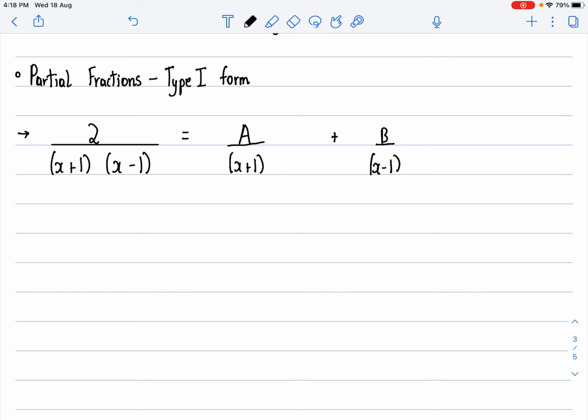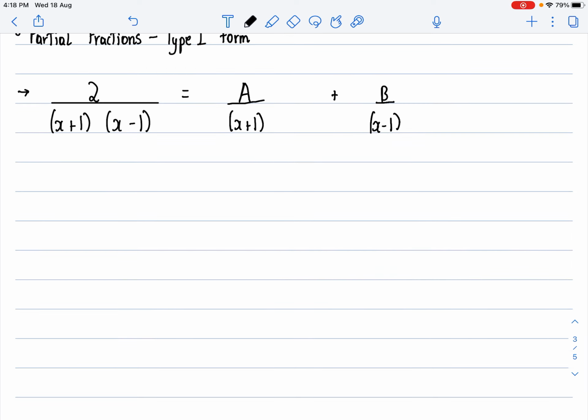Now the next step is you need to cross multiply, or a better term is take the LCM. On this side you need to take the LCM and only write the numerator part. So how do I take the LCM? This is very important to understand.